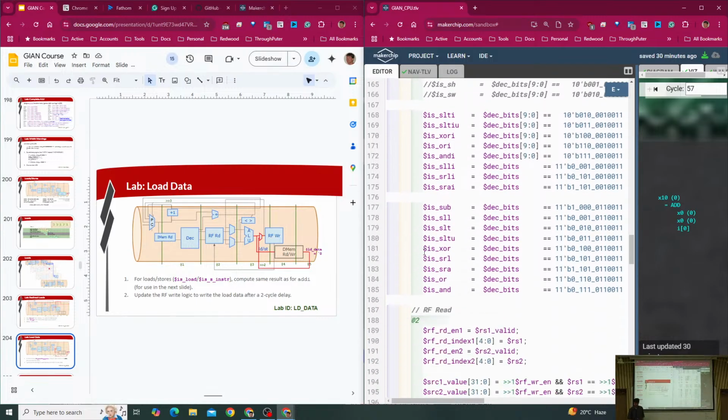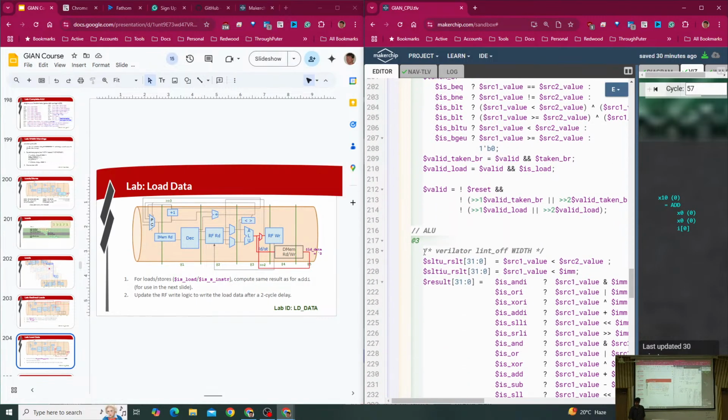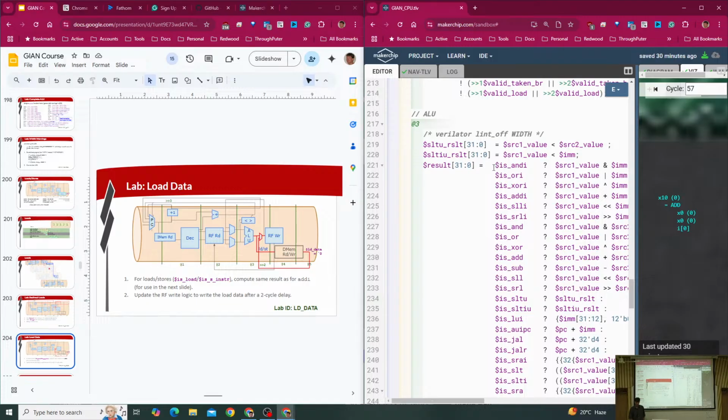So I'll scroll down to my ALU. There it is. And add-I is where.